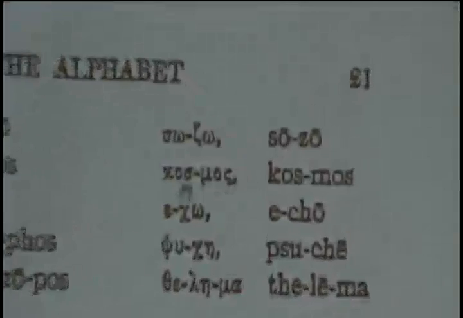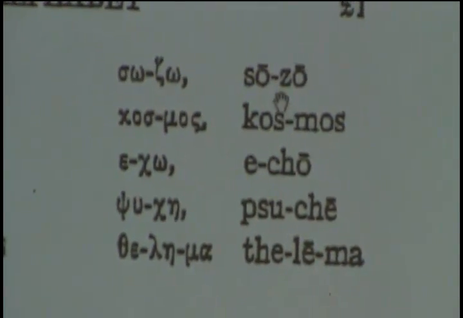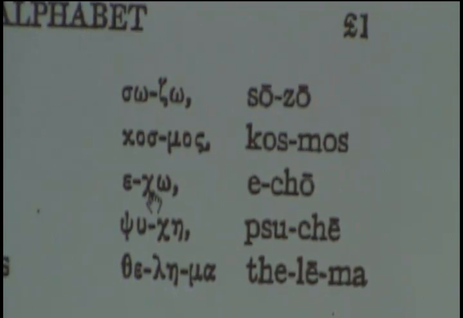Anthropology. This is sozo. Sozo. That means I save. This is cosmos. That's the world. Cosmology. This is echo. Remember that X is a little bit of a K sound. Echo, because I have.